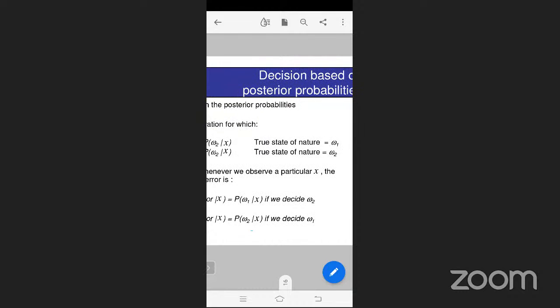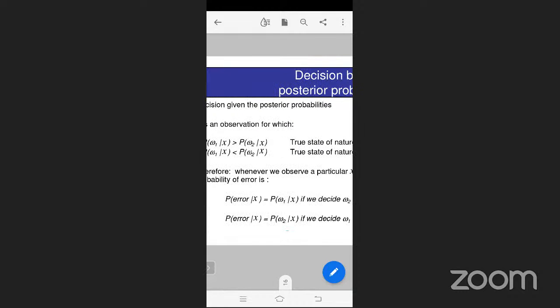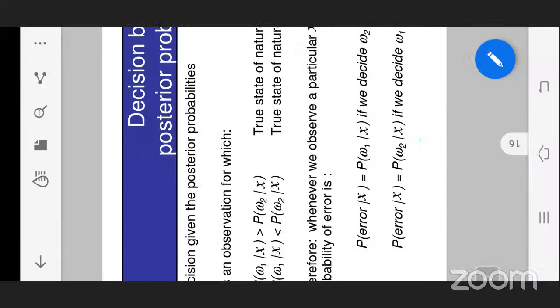Now, there is always a possibility that errors can happen. There can always be a possibility that an orange gets classified as an apple, or an apple gets misclassified as an orange.